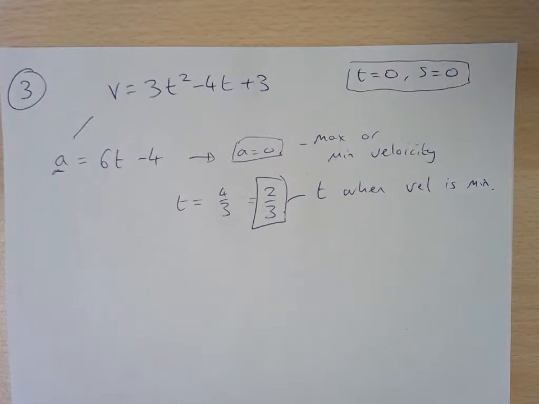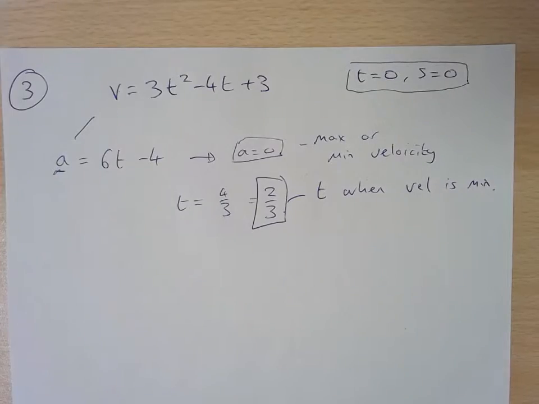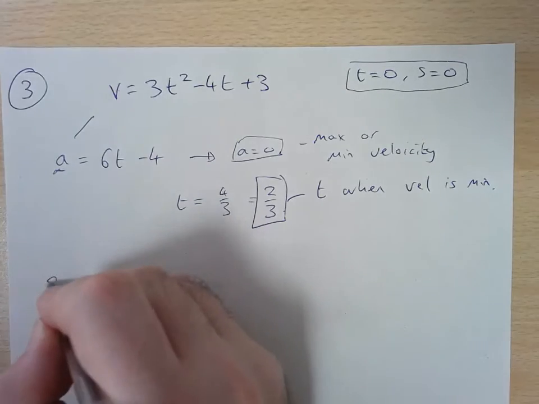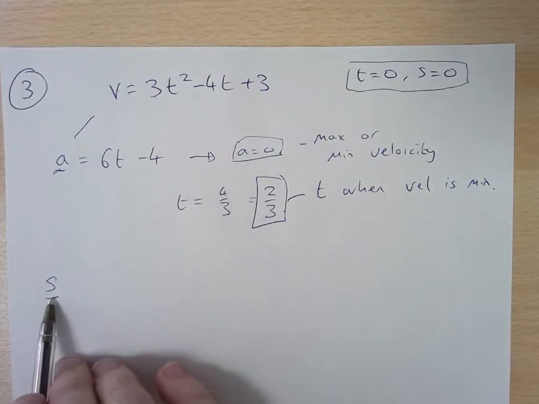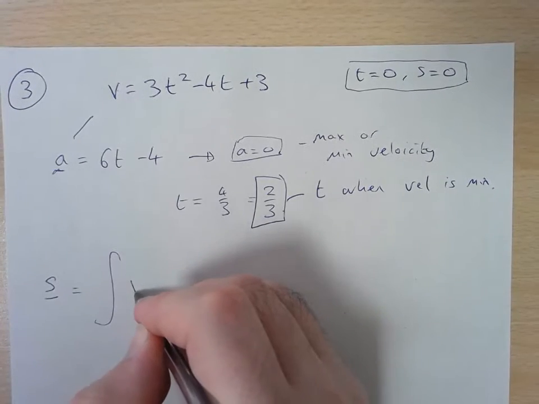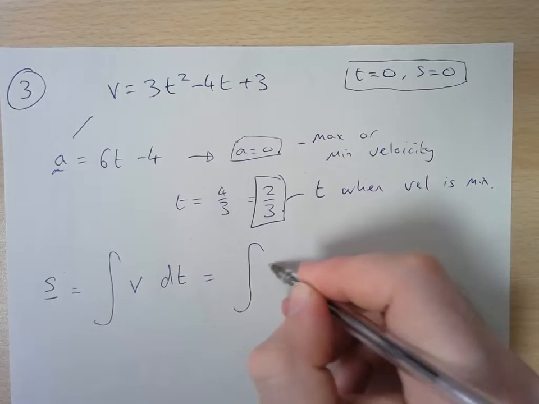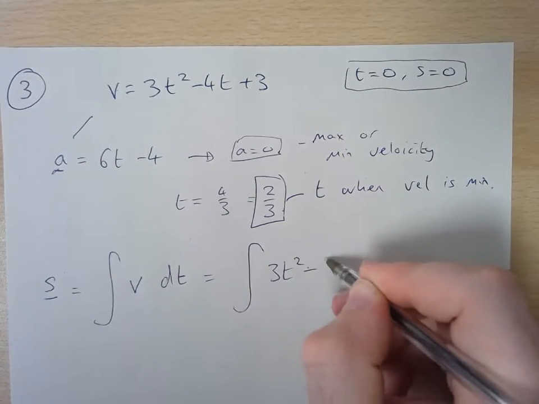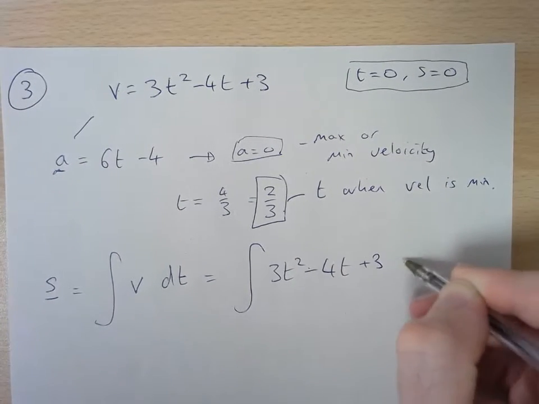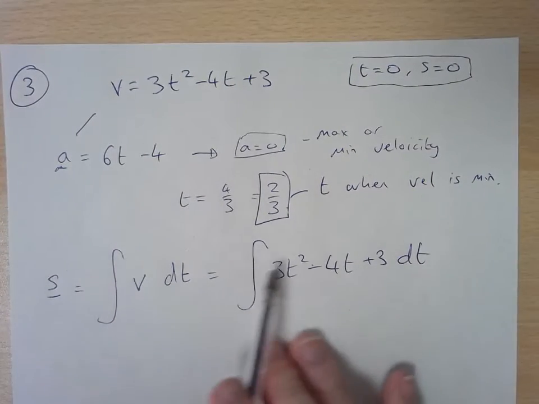So having got our value of t, going back to the question, we're asked to find something about distance for p. So we need to find distance. We can find distance or displacement using s, and this is the integral of v dt. So this is the integral of 3t squared minus 4t plus 3 dt. So we're going to integrate this just using our standard year 1 integration rules.